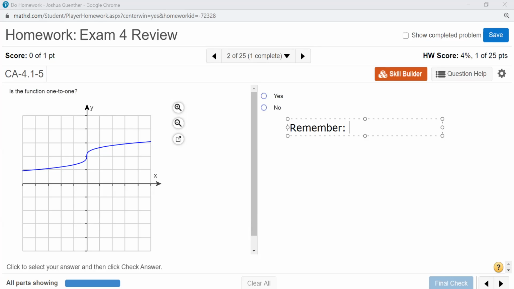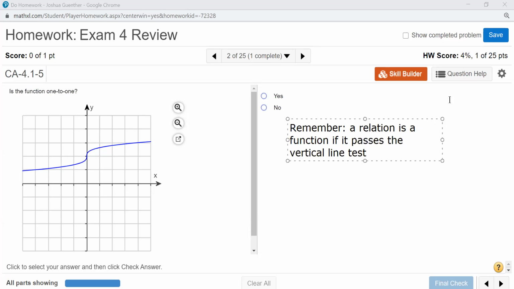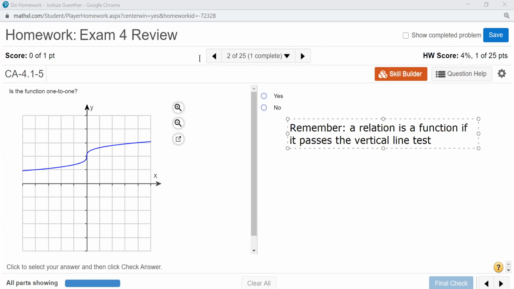Remember, a relation is a function if it passes the vertical line test. So we can clearly see on this one, this is just review, if I take a vertical line here and I pass it through, it never hits the function more than once. So this is indeed a function.